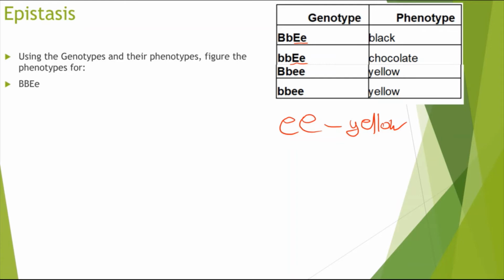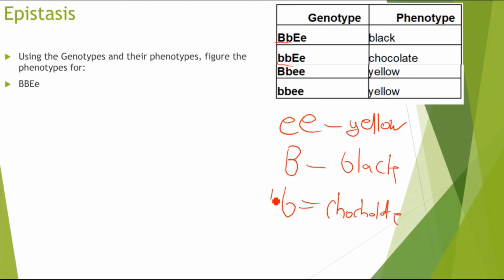Looking at the B gene now, I have capital B, lowercase b, which is coding for black. So if I have a capital B, I will be coding for black, and if I have a lowercase b, that would be coding for chocolate. So it's recessive, and I'll add another b in there.